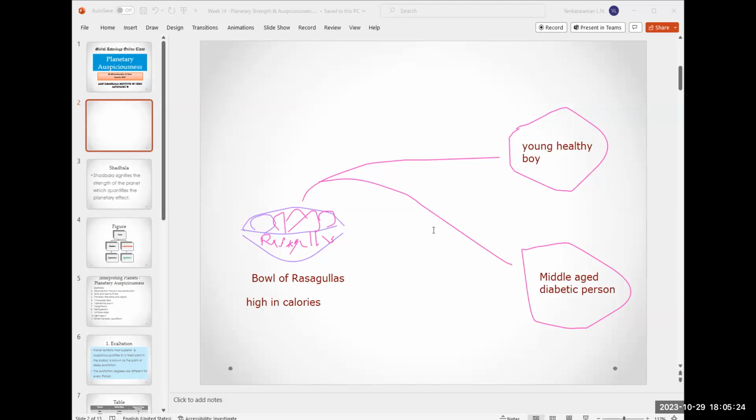Can one of you say what could be the comparative effect between this young boy and a diabetic person having a bowl of rasgullas?